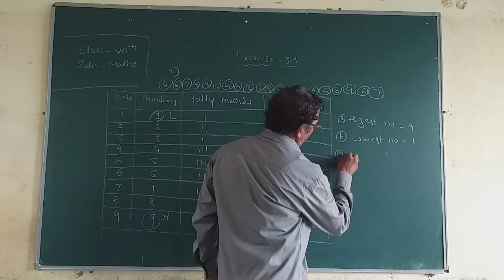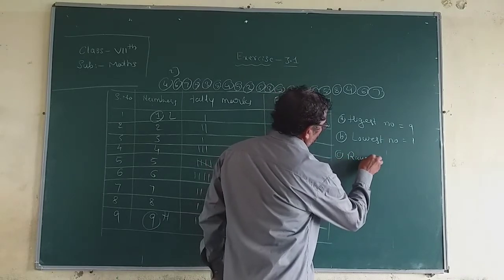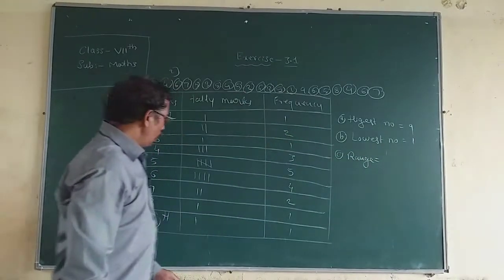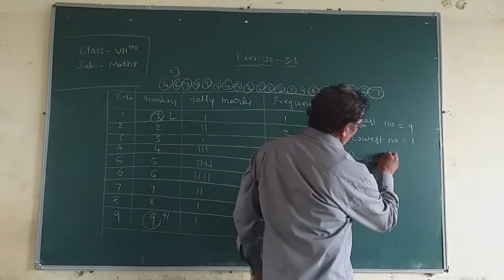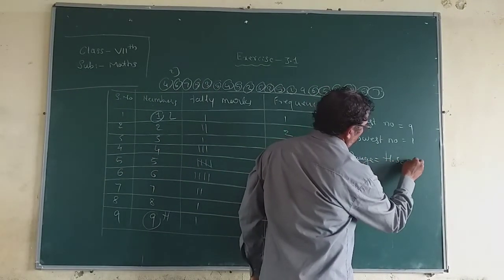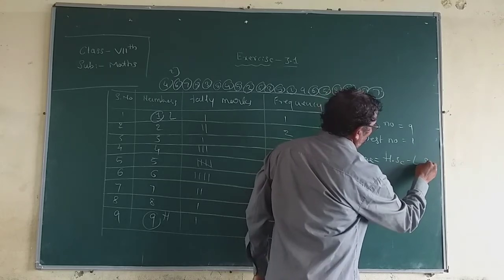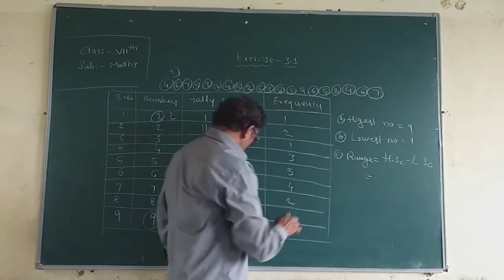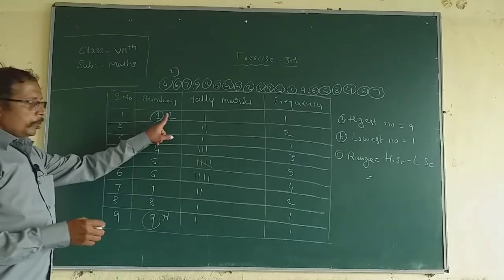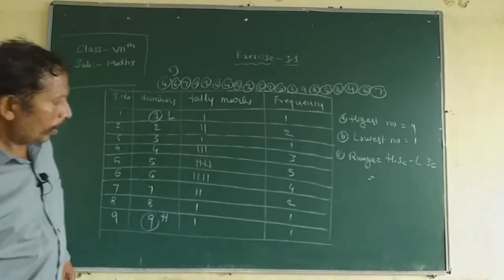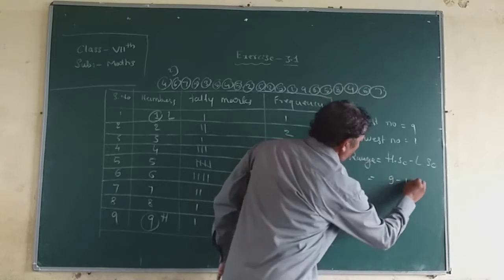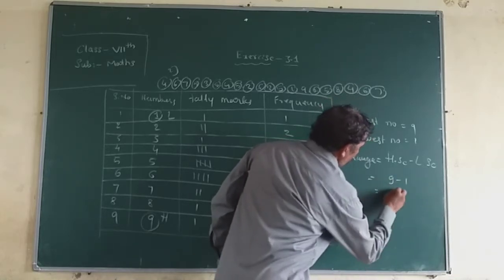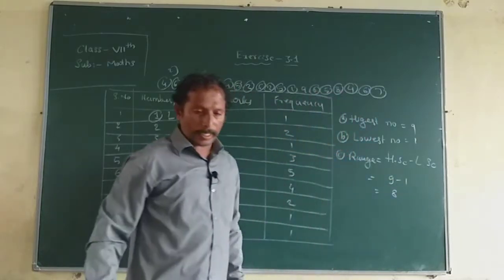Then question C, the third one: what is the range of the data? Range is equal to highest score minus lowest score. Highest score is 9, lowest score is 1. Therefore, range is equal to 9 minus 1. It is 8. The range is 8.